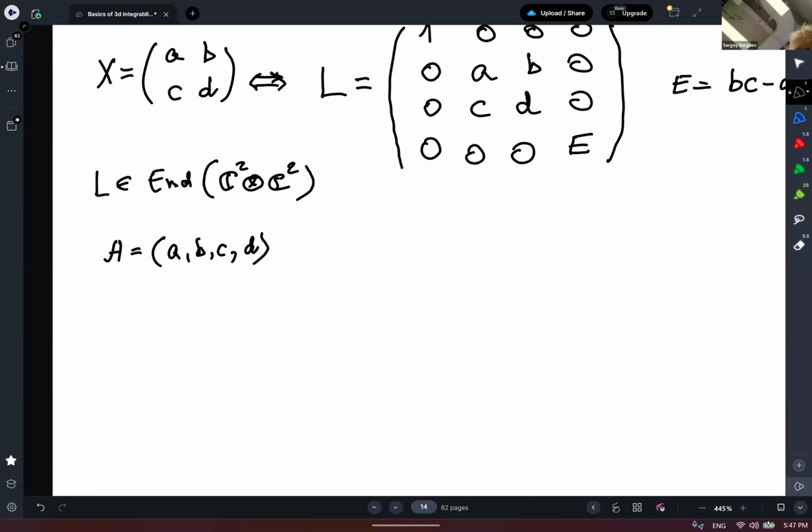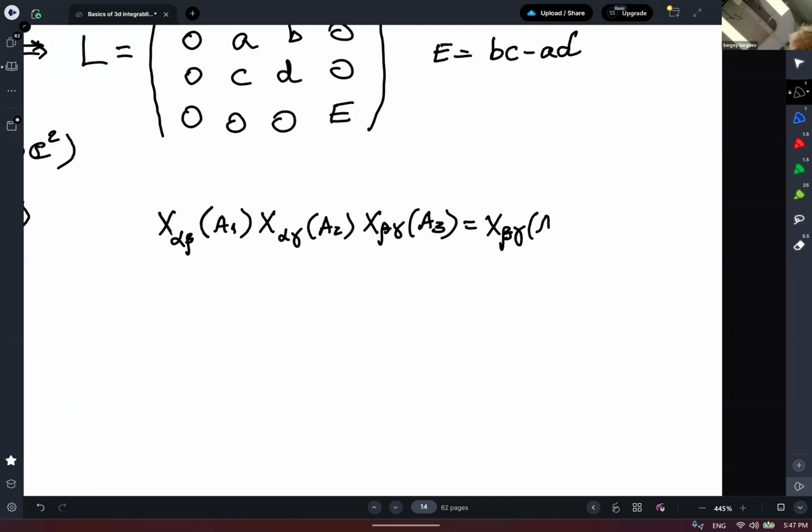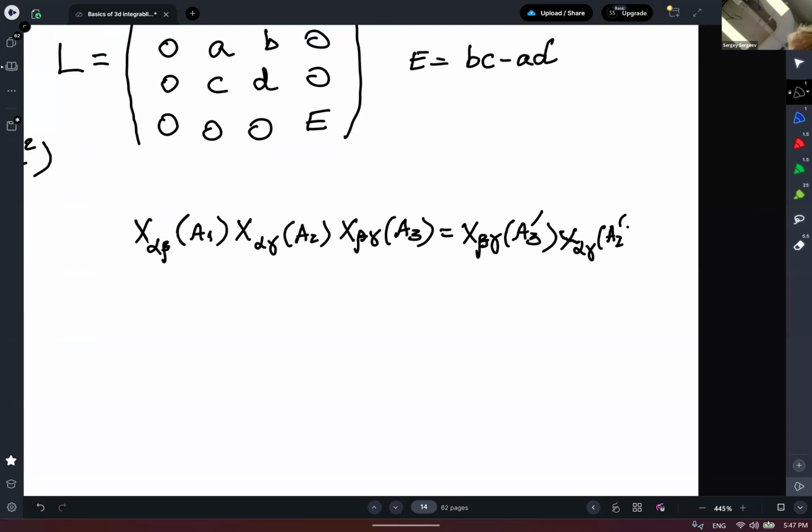Then the equation x1, 2 of A1, alpha, beta, alpha, gamma of A2, x, beta, gamma of A3 equals x, beta, gamma of A3 but different entries, x, alpha gamma of A2 but different entries, and x alpha beta of A1 different entries.